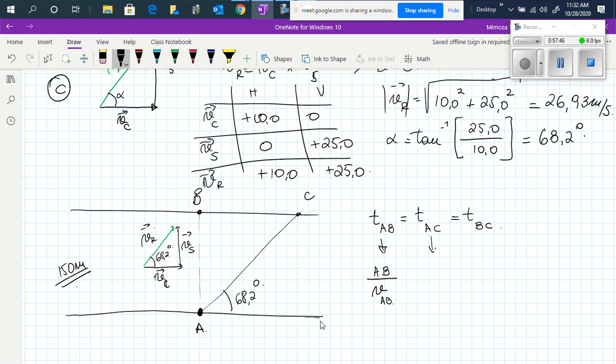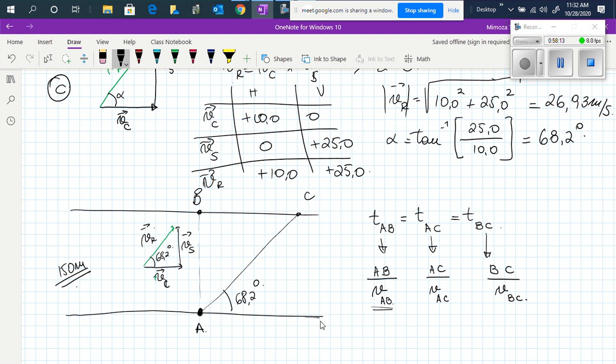And if I'm asking what is the time from A to C, then you will go with the distance A to C over the velocity in the direction A to C. And if you are finding the time from B to C, then you will go with the distance BC over the velocity in this direction.